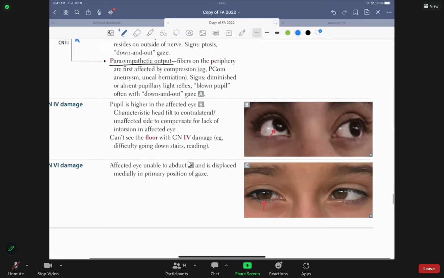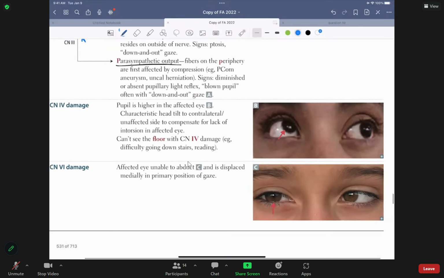Let's go to cranial nerve number 4. Now, what does cranial nerve 4 do? Superior oblique, right? So that's the idea here, folks. The pupil is higher on the affected eye. There's a characteristic head tilt to the contralateral, unaffected side to compensate for lack of intorsion.